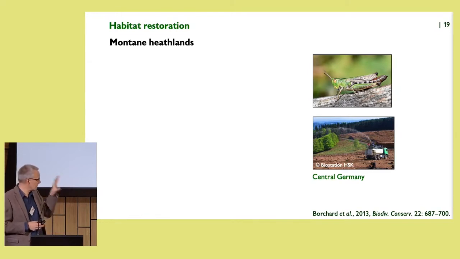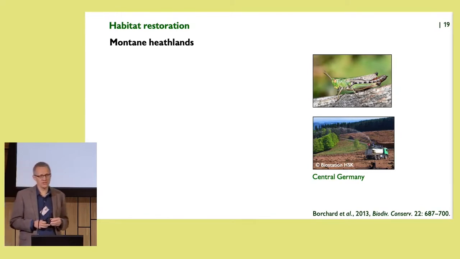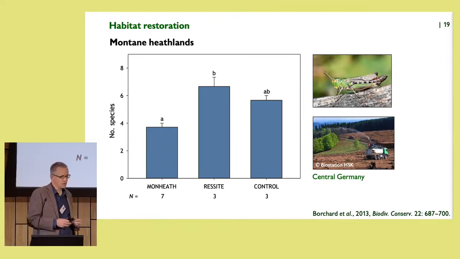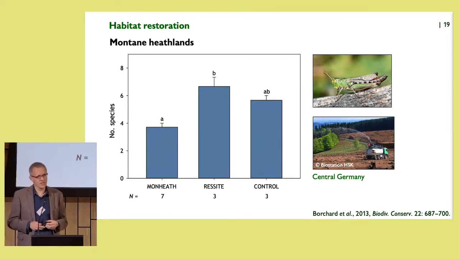Former spruce forests have been cut, the trees have been removed, and by hydroseeding, heathland seeds have been dispersed on the restoration sites, and we compared Orthoptera species richness in existing montane heathlands. Here we have the restoration sites, and here we have the controls. In the control sites, only the spruce forests have been removed.